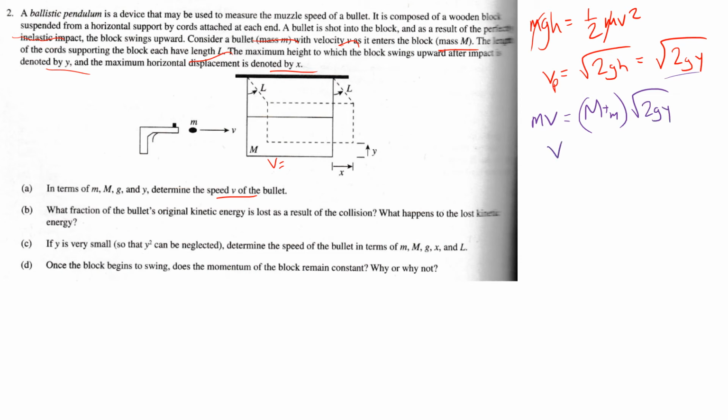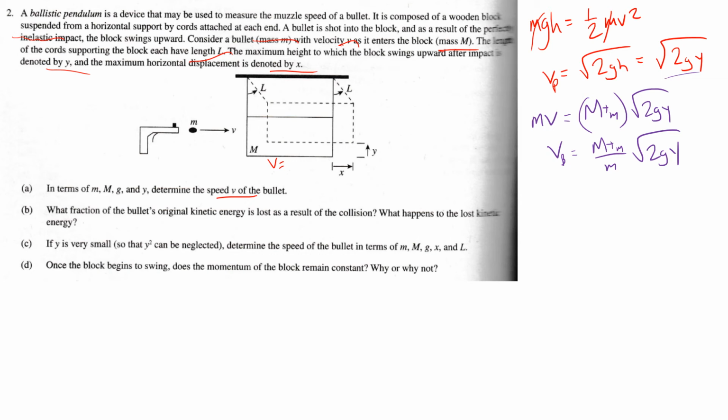So that means the velocity of the bullet is going to equal (M plus little m), divided by little m, times the square root of 2gy. Nice. So that is the velocity of the bullet.